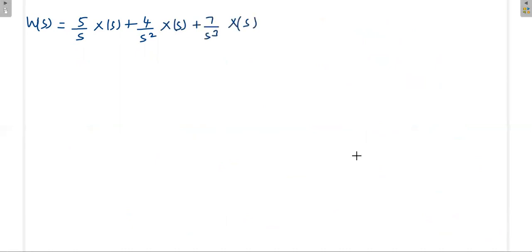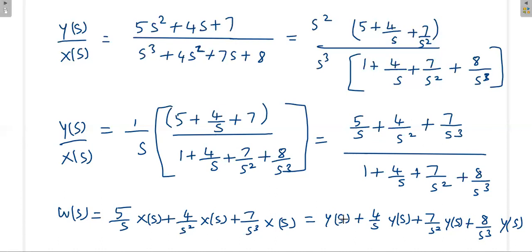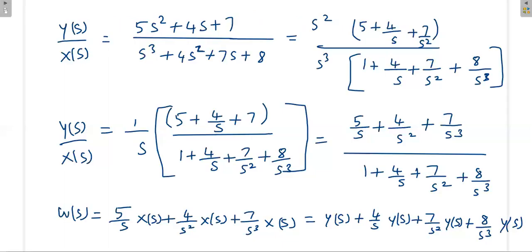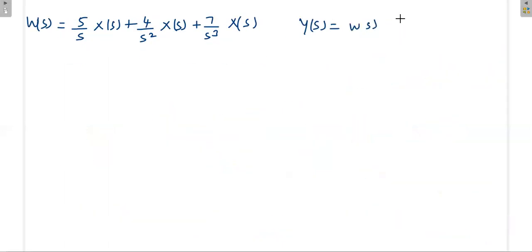But for the second equation, I will start with Y of s. Then these terms will come in the negative. So Y of s is equal to W of s, which is there already, minus 4 by s Y of s minus 7 by s square Y of s minus 8 by s cube Y of s.